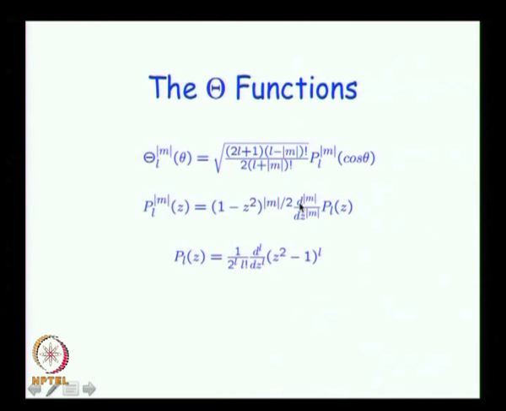It says that you have to take the mth derivative of PL, that is what this equation says. And what is PL? PL is defined by this equation. Well, there are these derivatives. Maybe I will use these definitions to calculate one of the functions.